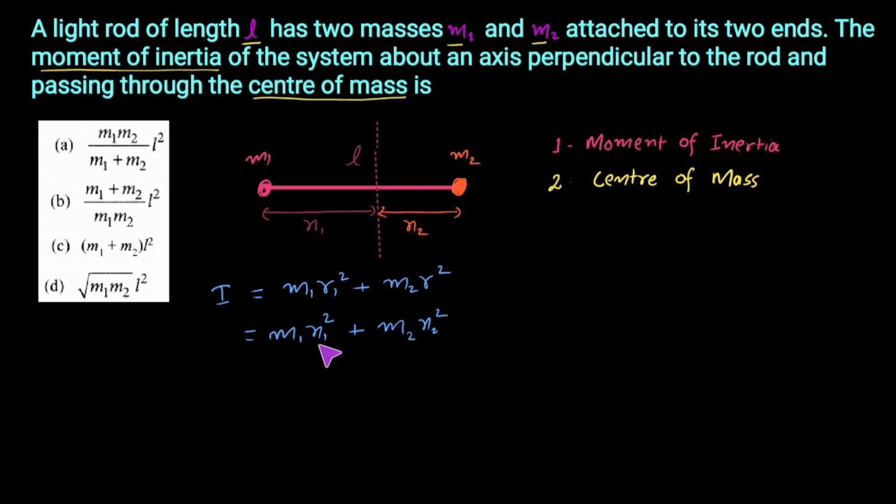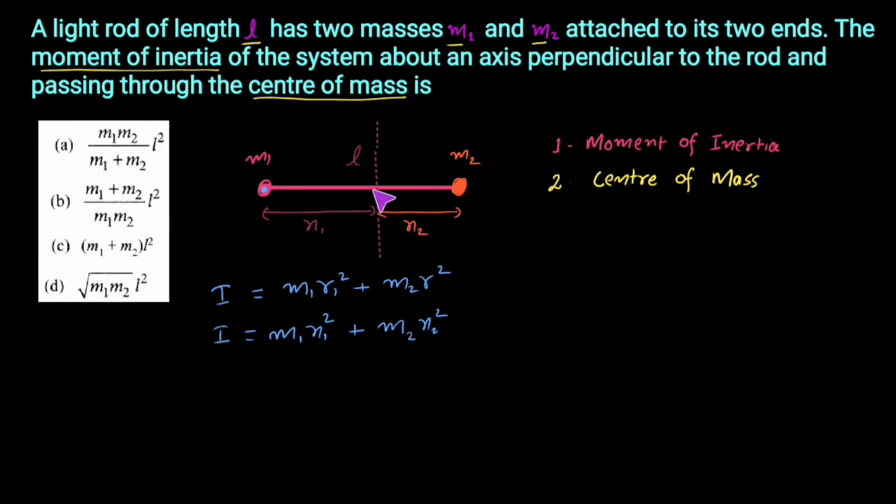Further, we have to replace x1 and x2 in terms of m1, m2 and L. This is all we need to do. So how can we do that? To replace x1, we can assume m1 to be our reference point, and from this reference point x1 is the distance of the center of mass.